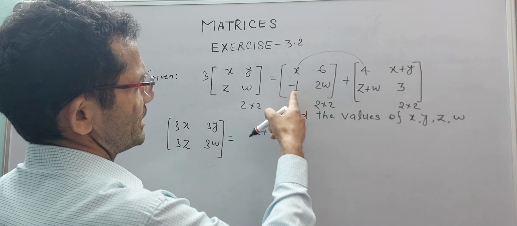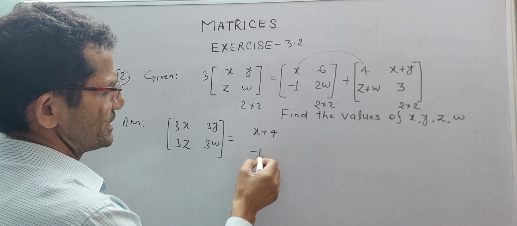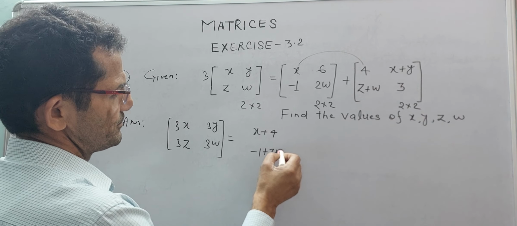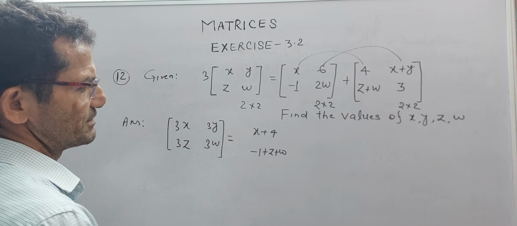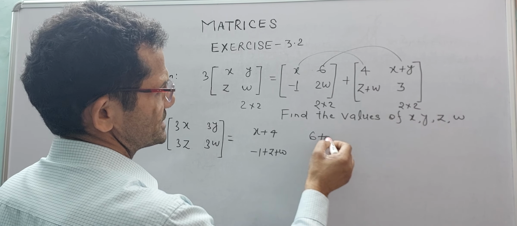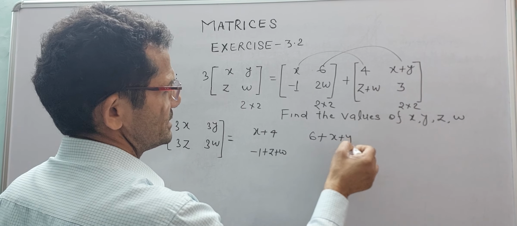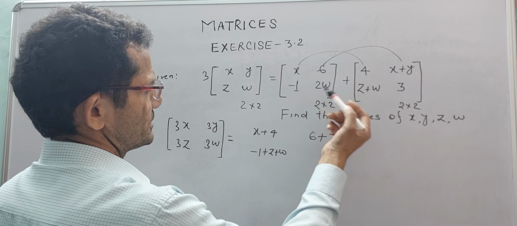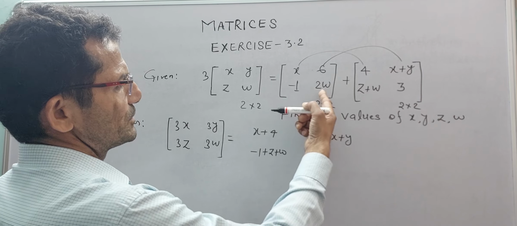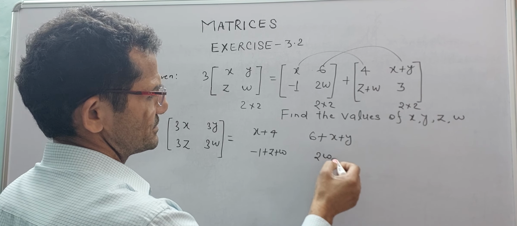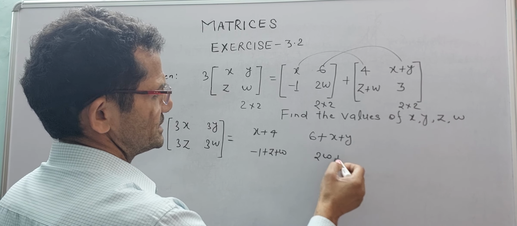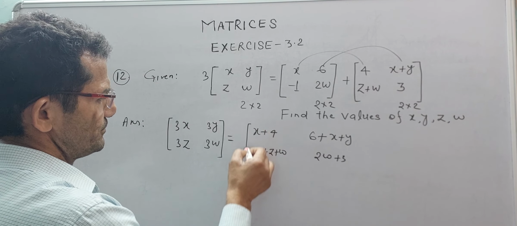Then minus 1 plus z plus w. Then 6 plus x plus y. And the last term, 2w plus 3.